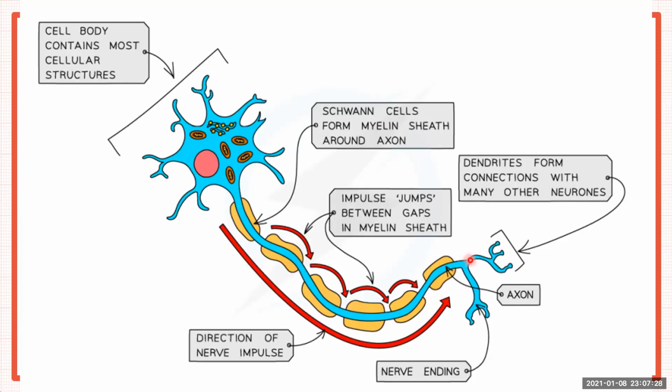It is covered with this myelin sheath, the one that is in yellow. So it is insulated by the myelin sheath, and then it is interrupted at the nodes of Ranvier, the parts where there is no myelin sheath, this part here, this part here, this part here. So these are known as nodes of Ranvier.